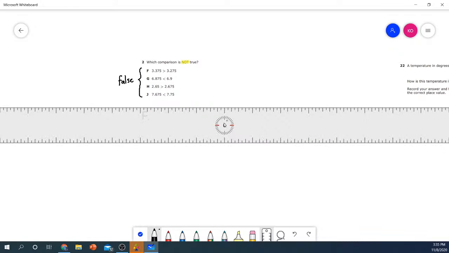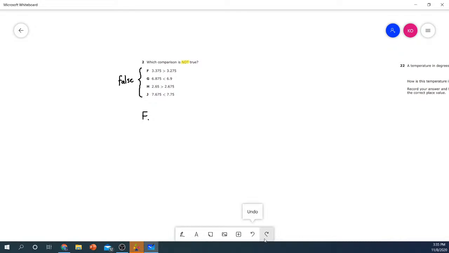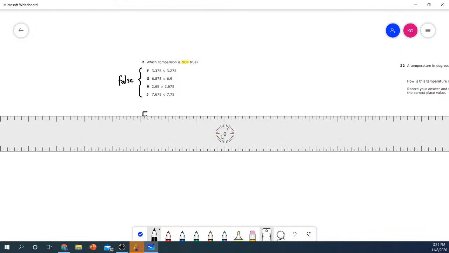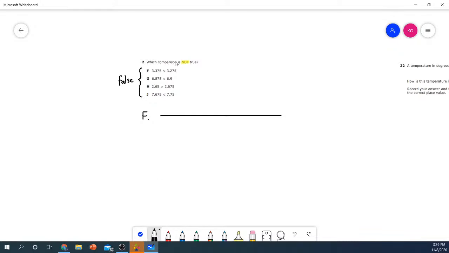Number lines really help in these kinds of problems because you see where each number is, and it helps you become more organized. Let me make the line a little bit lower, and let me draw it. There. And let me draw the arrows as well.